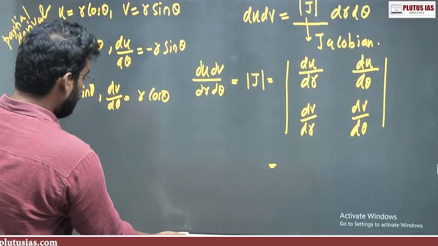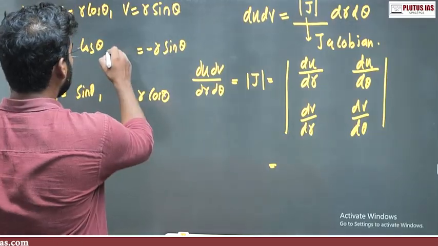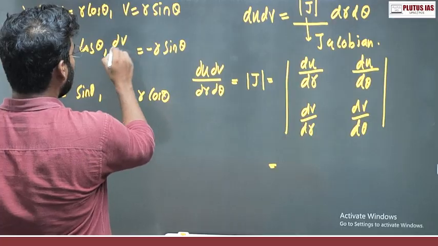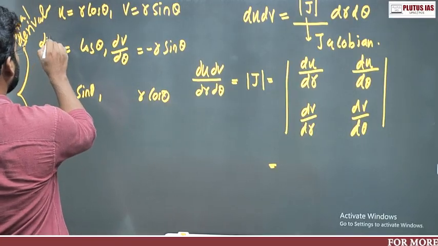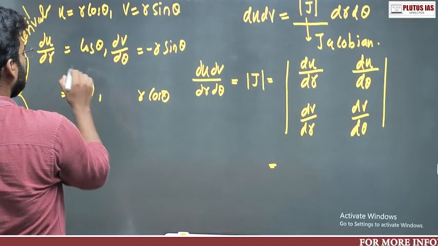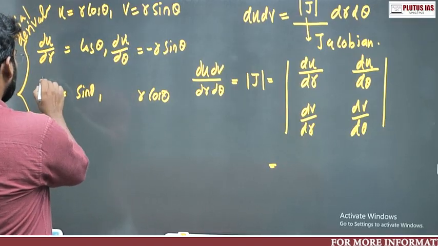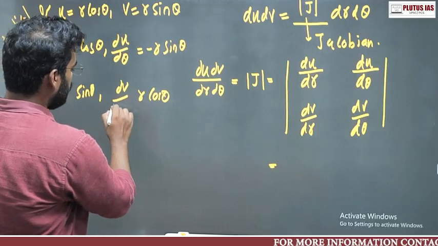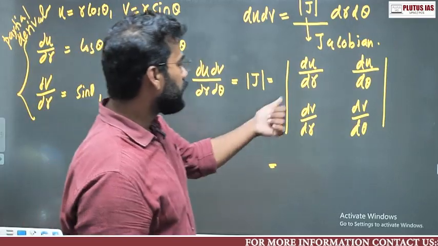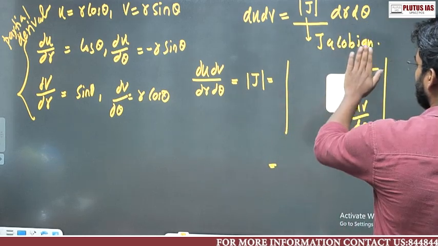So this is del v by del theta, del u by del r, del v by del r and del v by del theta. Similarly, here the notation changes.